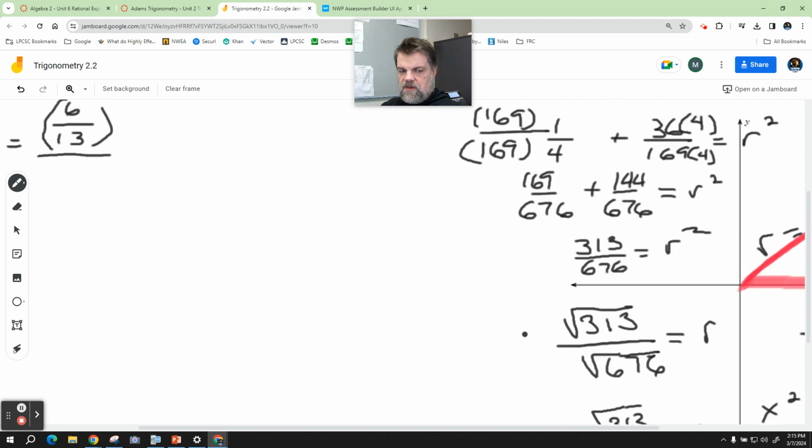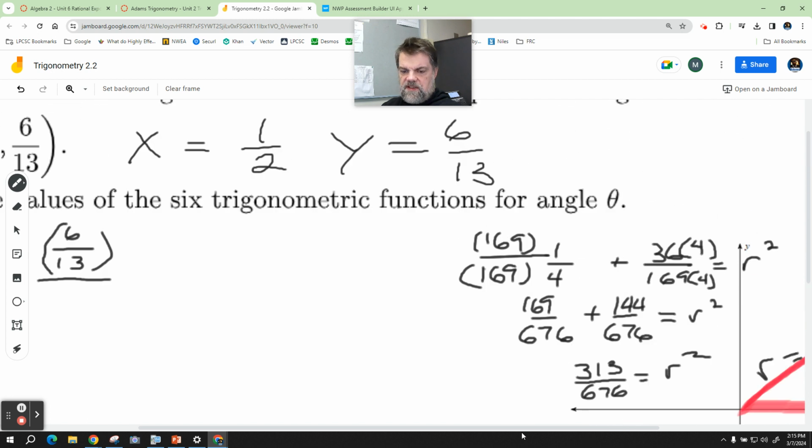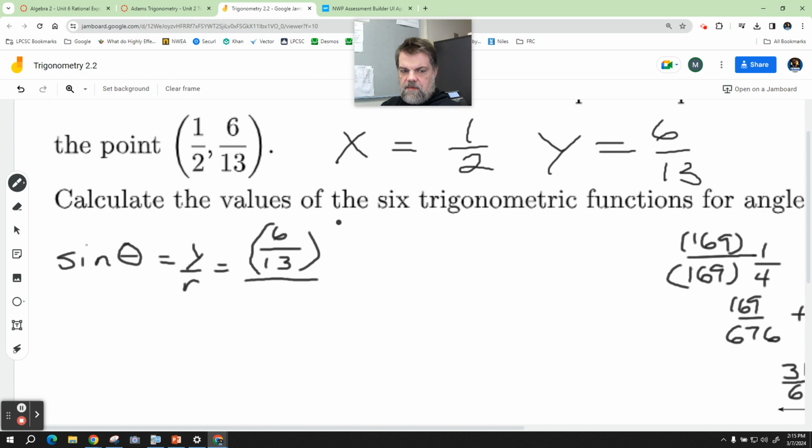So I'm going to say the square root of 313 over 26. Remember that that's the same as 6 over 13 times the reciprocal of this, which is going to be 26 over the square root of 313.